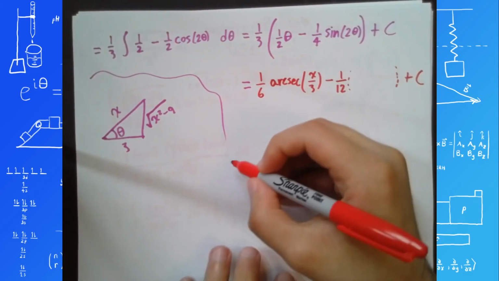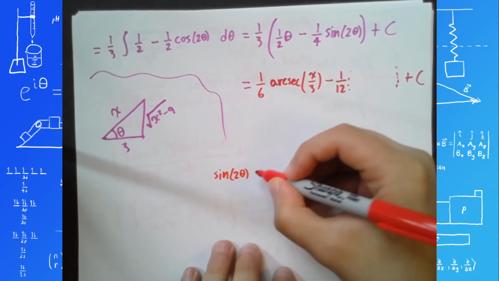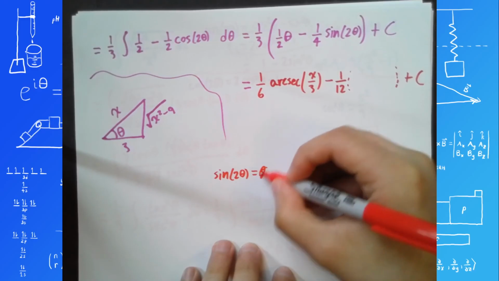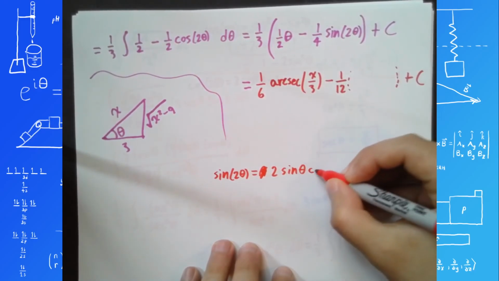So sine of 2 theta, if you know your double angle identities, is equal to 2 times sine theta times cosine of theta.